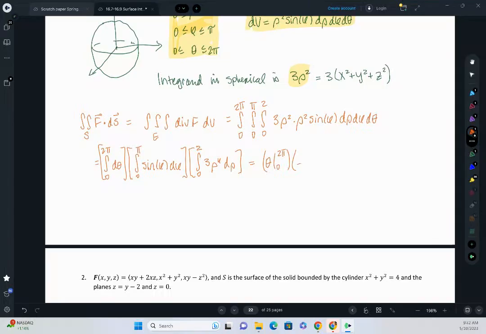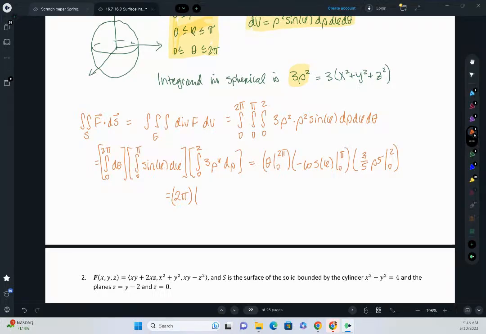All right, the antiderivative of d theta is just going to be theta from 0 to 2 pi. The antiderivative of sine is minus cosine of phi from 0 to pi. And the antiderivative of 3 rho to the 4th will be 3/5 rho to the 5th, going from 0 to 2. All right, first one, 0 to 2 pi for theta gives us just 2 pi.